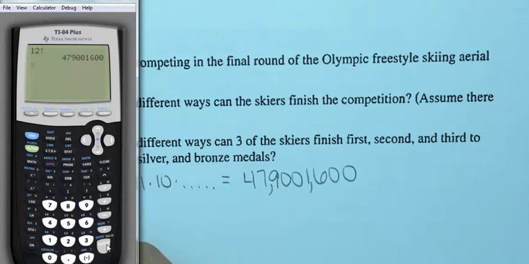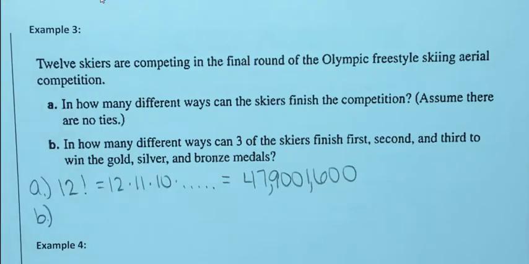Now let's do B. How many different ways can 3 of the skiers finish first, second, and third to win the gold, silver, and bronze medal? So this is where you have 12 objects, but you really only care about 3 of them.